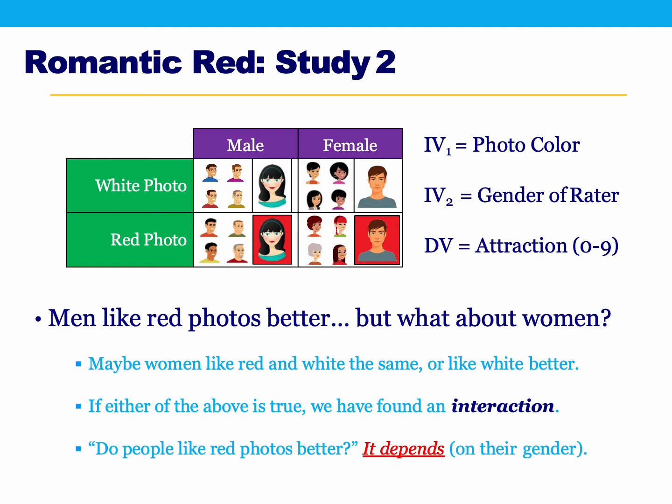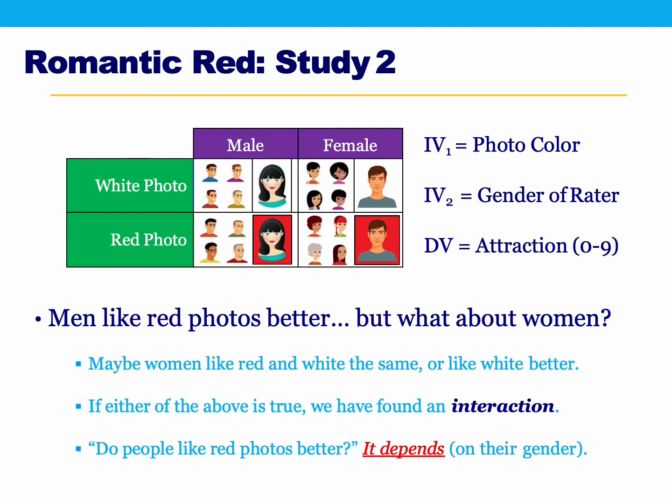But let's consider a second independent variable that might be interesting. Let's suppose they conduct the same experiment, except that they also compare the gender of the rater. So gender of the rater is one independent variable, and photo color is another.